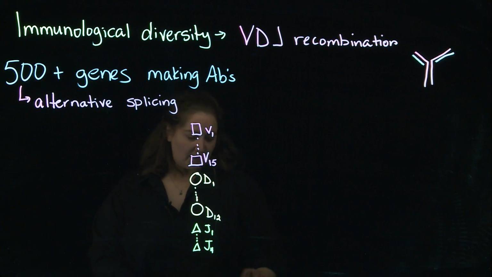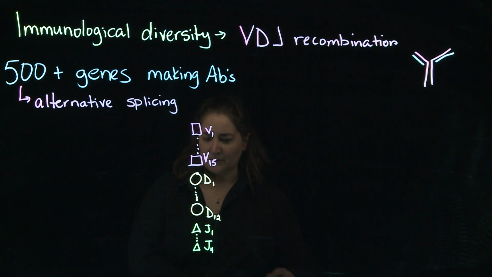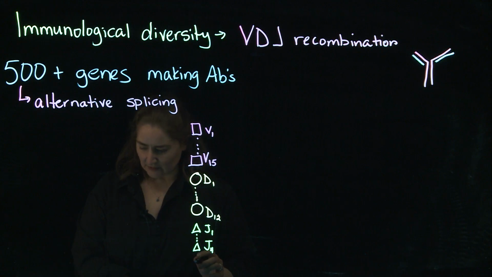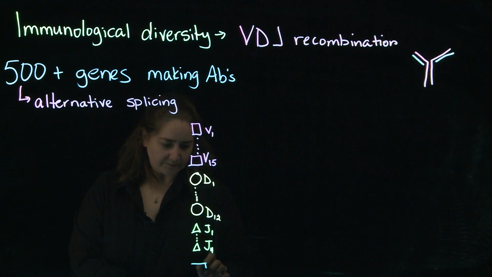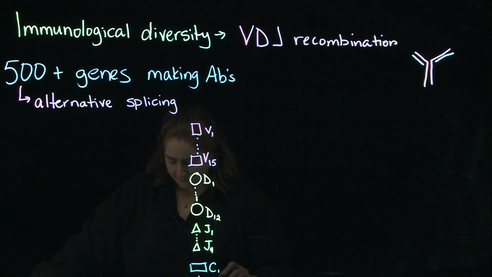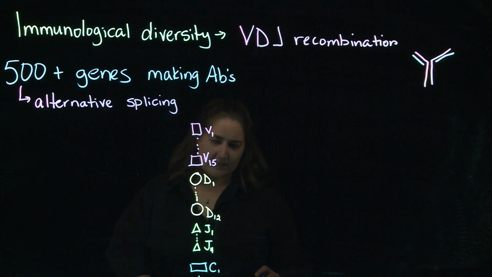Okay. And then, what color haven't I used? Blue. I've got to have another shape here. Let's make them rectangles. We've got C, all right?